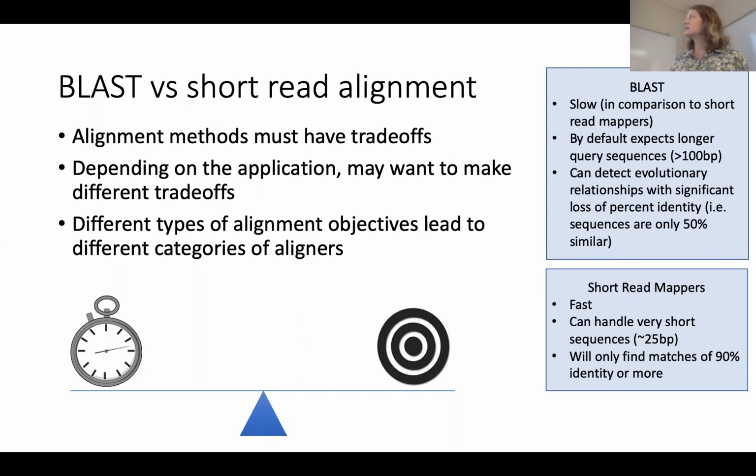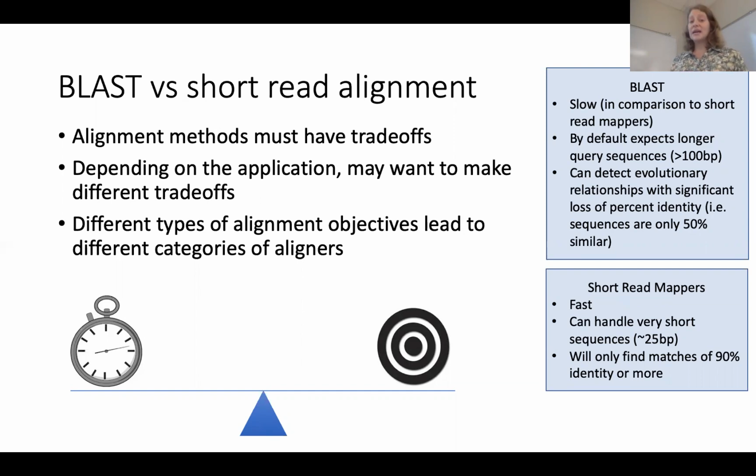For BLAST, first of all, in comparison to short read mappers, BLAST is extremely slow, much, much slower. It was just not designed to do the same thing as a short read mapper. It's designed to expect much longer sequences, over 100 base pairs, probably more like over 400 or 500 base pairs when it really works well.